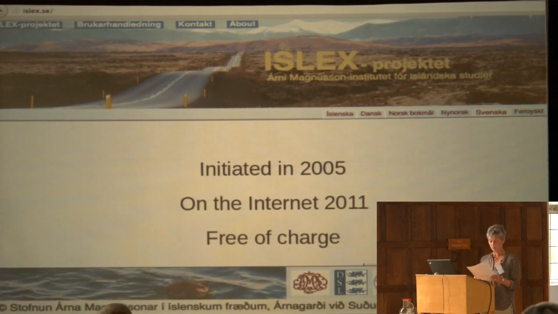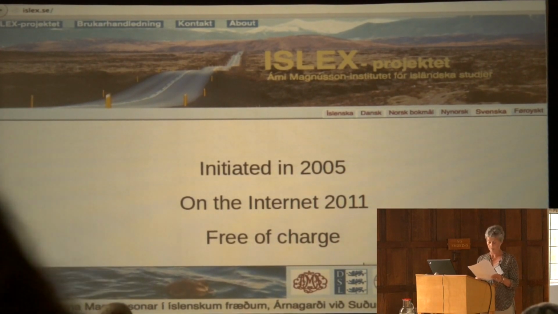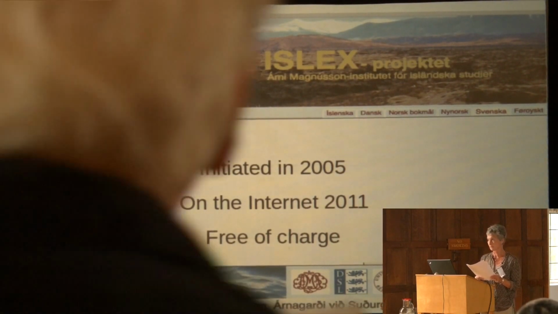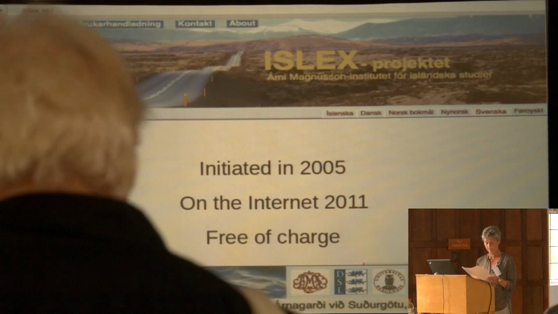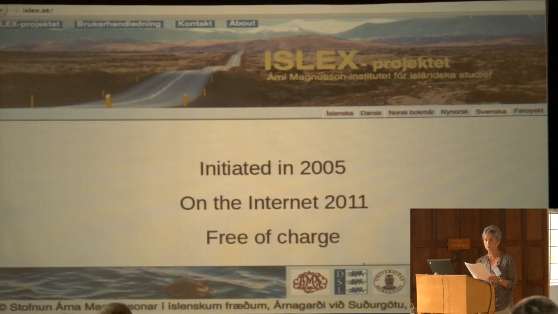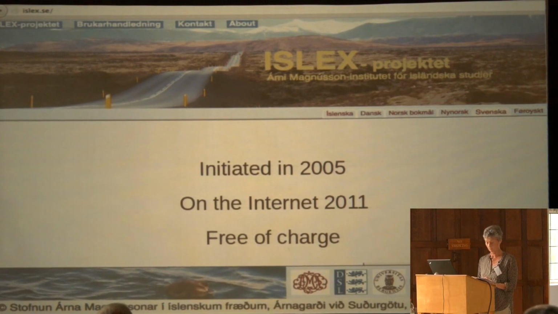The database was developed in Iceland, and the Icelanders are still in charge of the maintenance and development of the database. And all the editorial work on the Icelandic language was done in Iceland. The Danish content was edited in Denmark, and the Norwegian in Norway, and the Swedish language in Sweden. Later on, also the Faroe Islands and Finland joined in with the project.